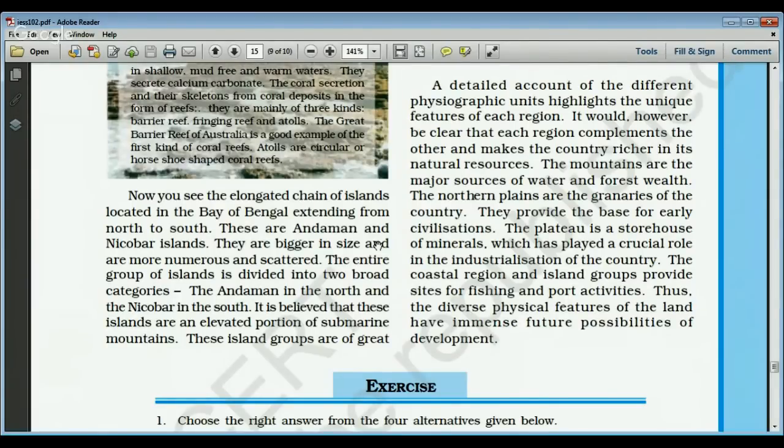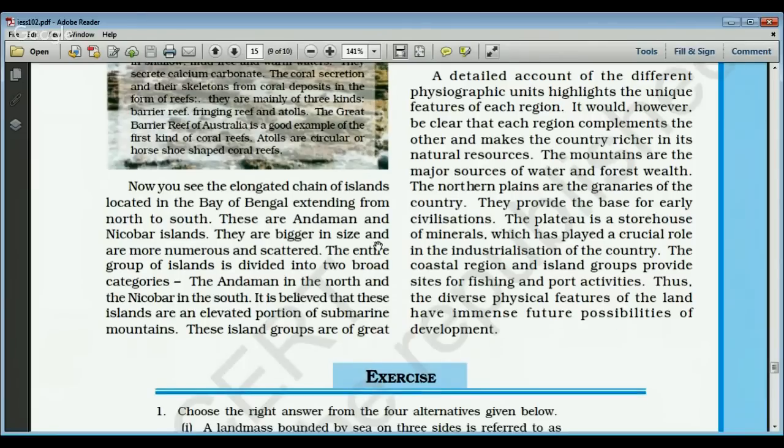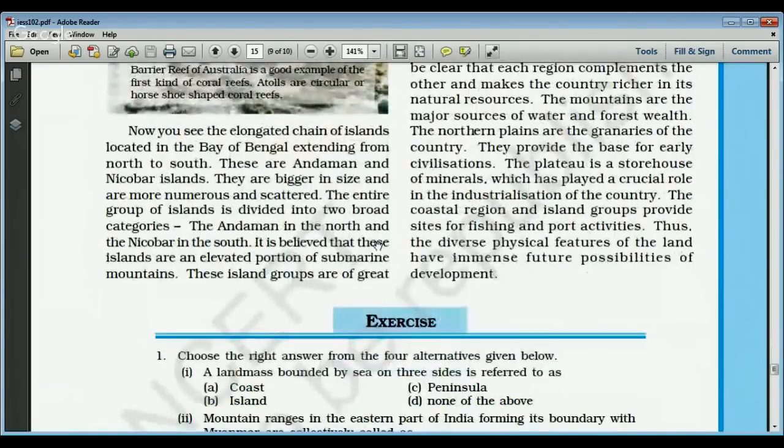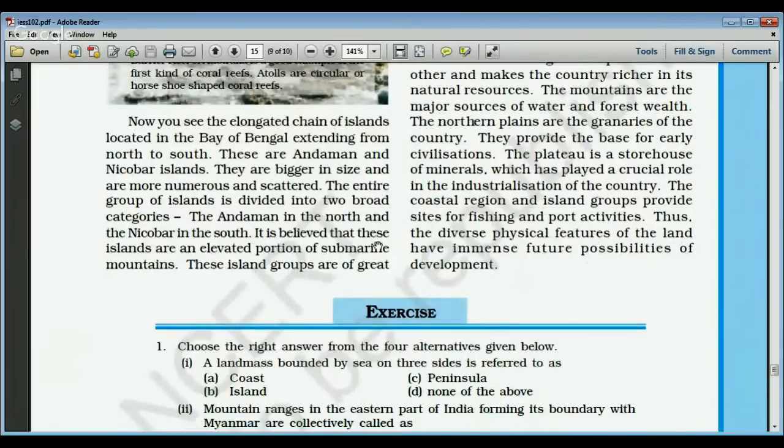Then the northern plains are the granaries of the country, because most of the agricultural production comes from the northern plains, from the regions of UP, Haryana, and Punjab, and they provided the base for early civilizations also. And then the Peninsular Plateau or the Deccan Plateau is a storehouse of minerals, and it has played a crucial role in the industrialization of the country. Then the coastal region and island groups are also very important sites for fishing and port activities. So this is the end of this chapter.